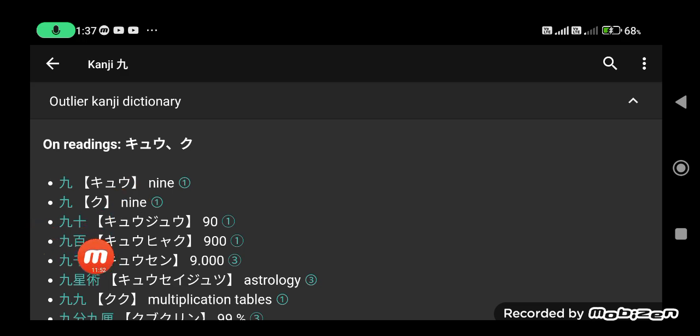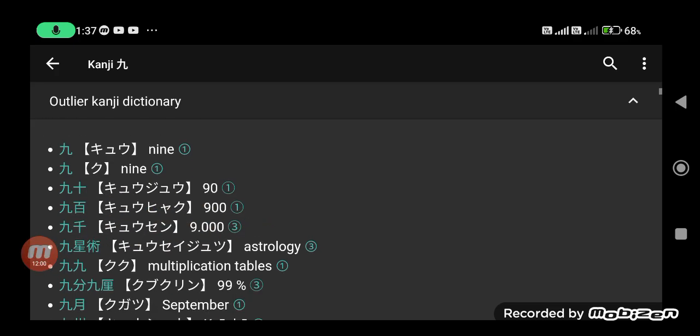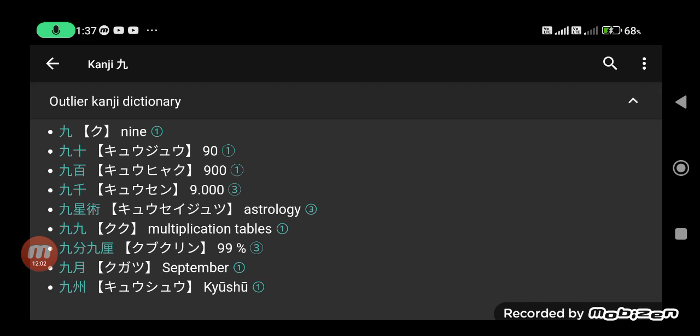Okay, so examples: Kyuujuu, 90. Kyuuhyaku, 900. Kyuuseijutsu, astrology. Kyuusen, 9000. Kuku, multiplication tables.